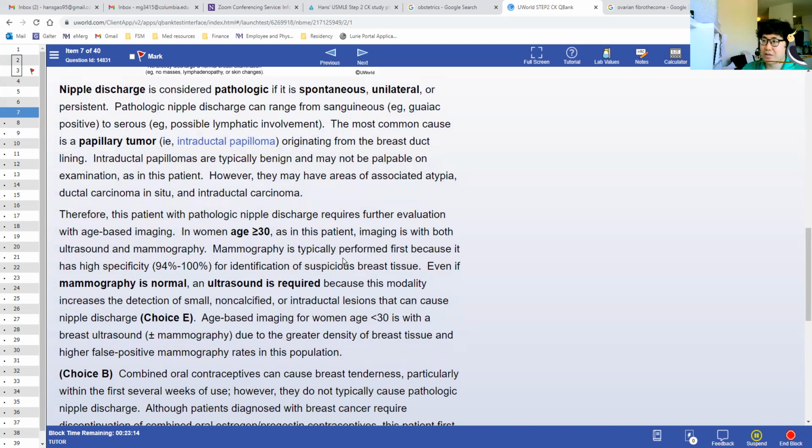All right, so I guess the answer choice is trying to say that this is probably caused by an intraductal papilloma, which are typically benign. However, they may have areas of associated atypia, ductal carcinoma in situ, and intraductal carcinoma. So is it saying that the intraductal papilloma is kind of covering up all of that? I really don't know.